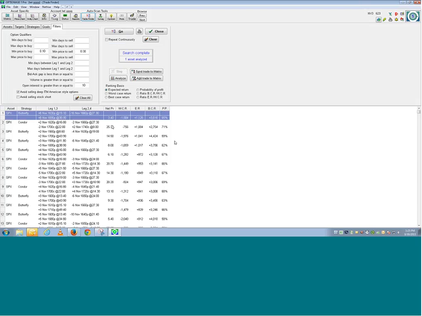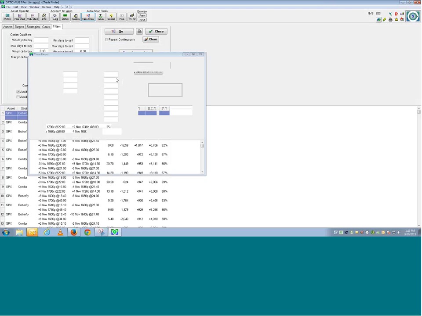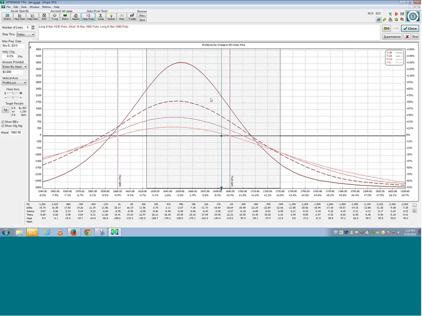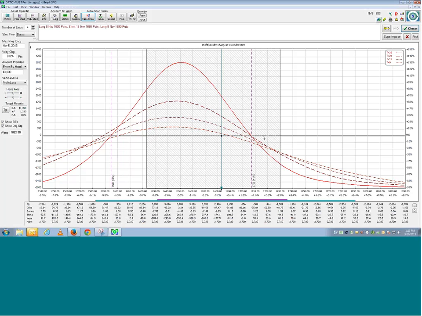Now here's a butterfly. Let's just analyze this thing. And look at that. This thing is really leaning to the bearish side. And again, where's our profit? Well, this is the shaded region. Let's get rid of this.